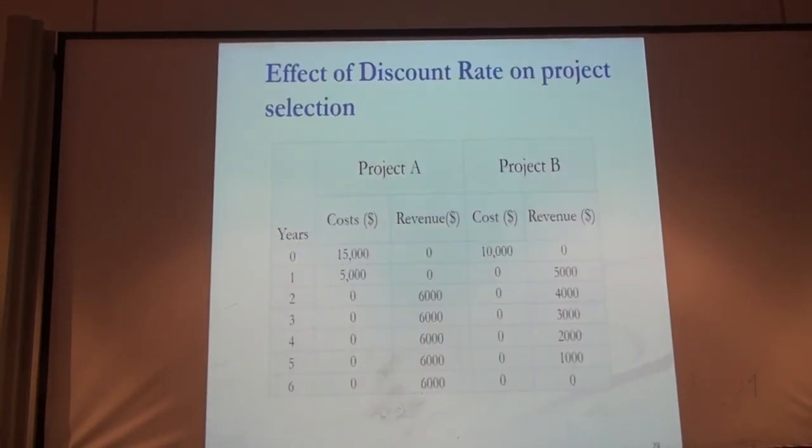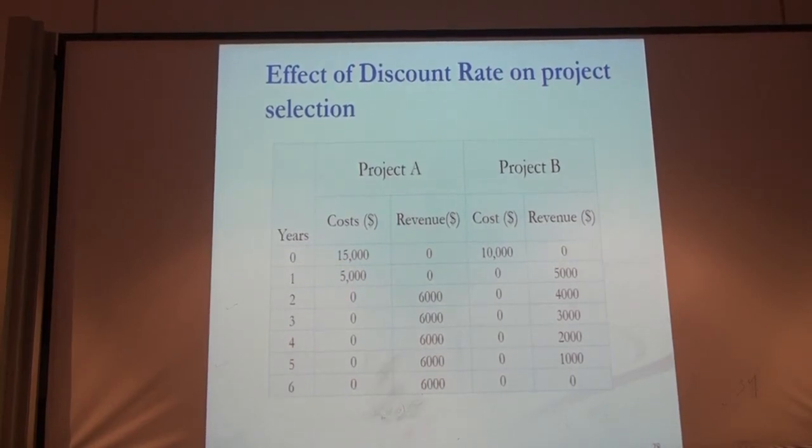So here we have an example of how this discount rate can change your analysis. We have 2 projects. Project A: the cost is $50,000 in year 0, then at the start of the first year is $5,000 and so on, and then there is no cost, let's say, and the net revenues are there.